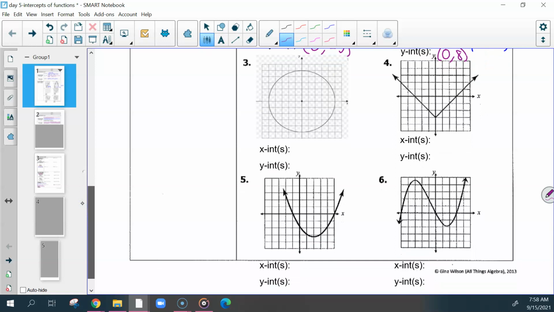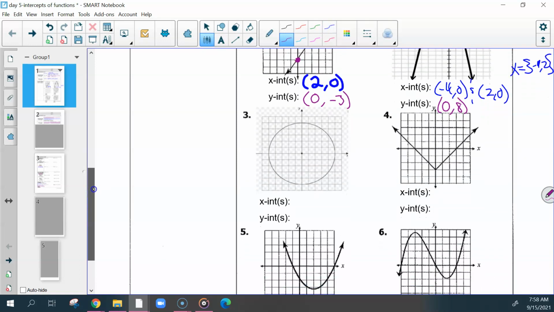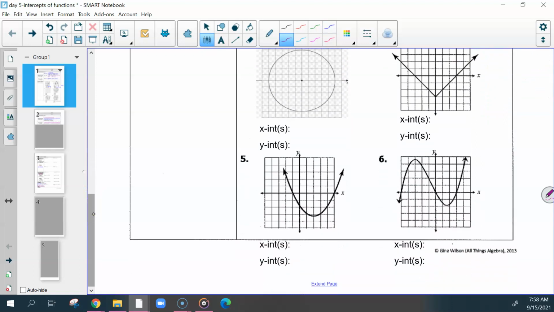We're going to jump down to number 6. What are all the x-intercepts? Negative what? 5. -5 is one of them. 0 is one of them.